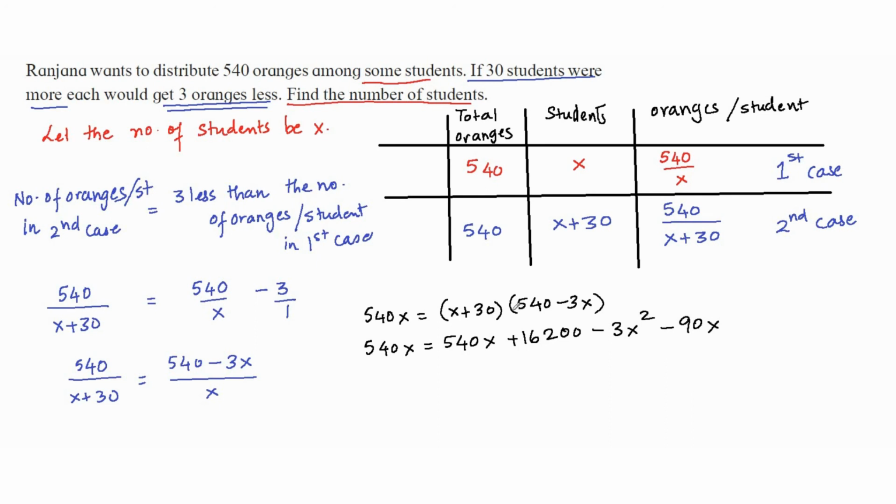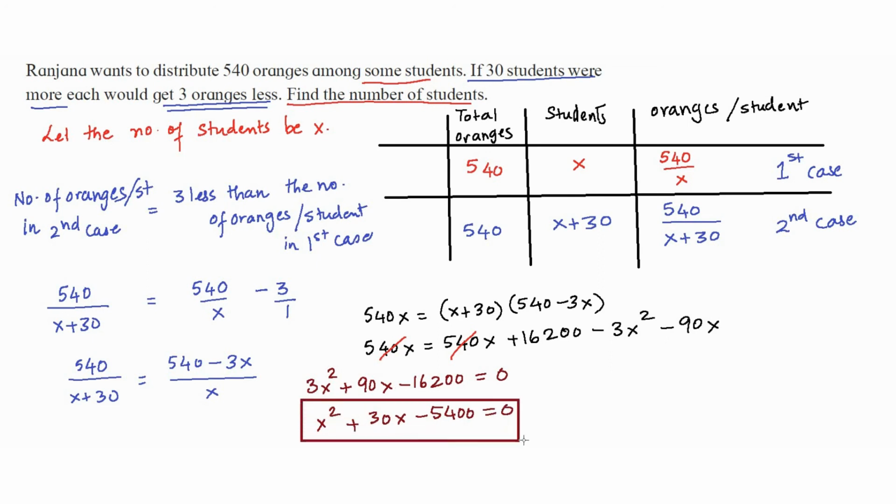Now from both sides 540x cancels. So arranging all terms on one side I get 3x square plus 90x minus 16200 is equal to 0. Dividing by 3, I get x square plus 30x minus 5400 is equal to 0. This is now the equation that I have.